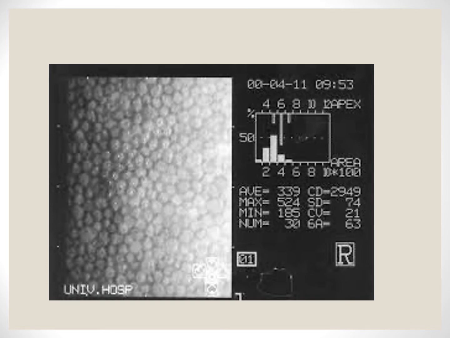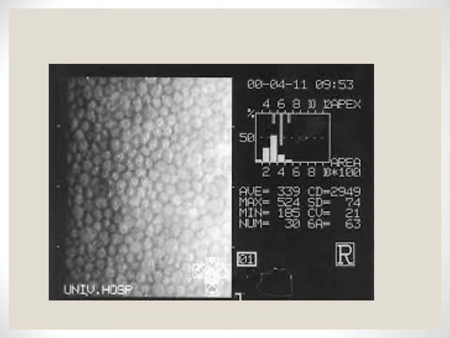The printout that you usually get from specular microscopy consists of an average number, which is known as the cell density, an average number of the corneal endothelial cells. This number is variable according to the age of the patient, with a minimum allowed number of 2,500.